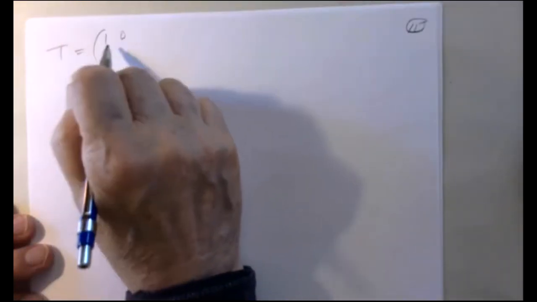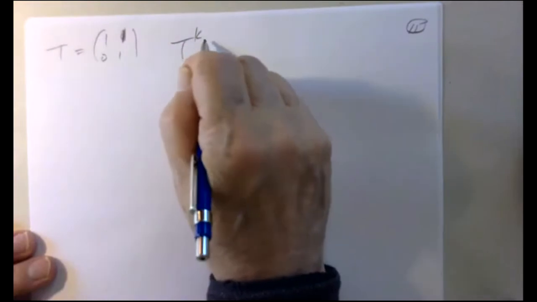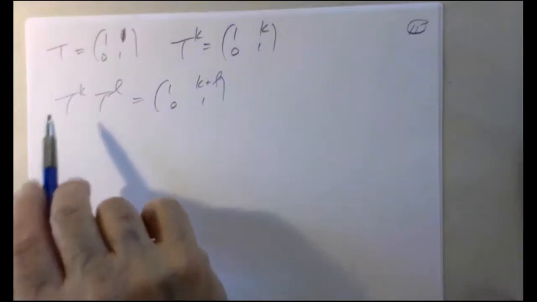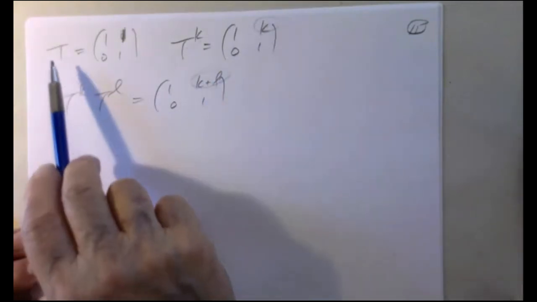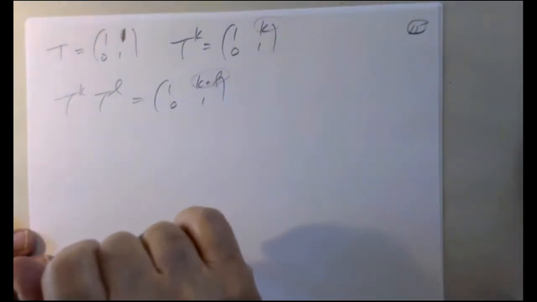So in fact, we have something very nice about this matrix T. If T is 1, 1, 0, 1, T to the K is 1, K, 0, 1 for any K. And T to the K times T to the L is 1, K plus L, 0, 1. So the powers of this matrix T are just like the integers. And when you multiply two powers of T, you're summing the exponents. That's what you get over there.